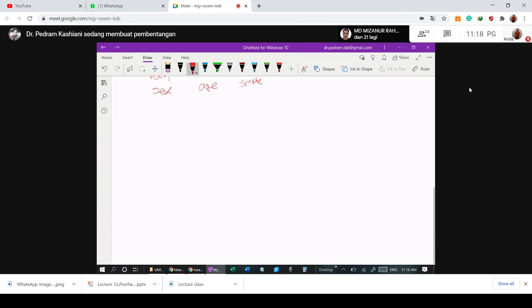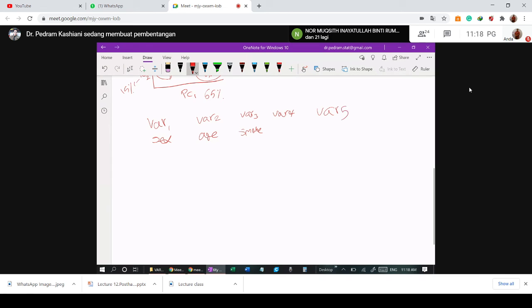After that, I want to group these variables into different factors. So for example, variable 5, variable 6. Maybe I say variables 3, 4, and 5, these three examples, are related to anxiety.